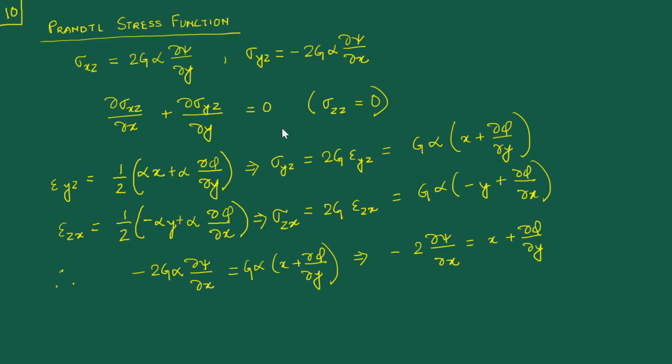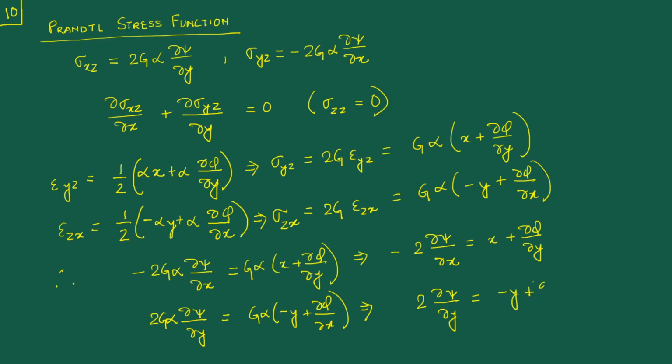And from this one I'll have twice G alpha del psi del y equal to G alpha times minus y plus del phi del x, so that's twice del psi del y is equal to minus y plus del phi del x.